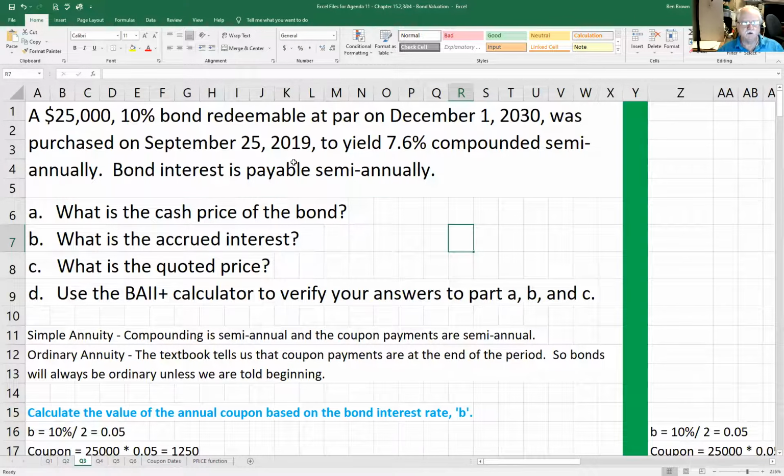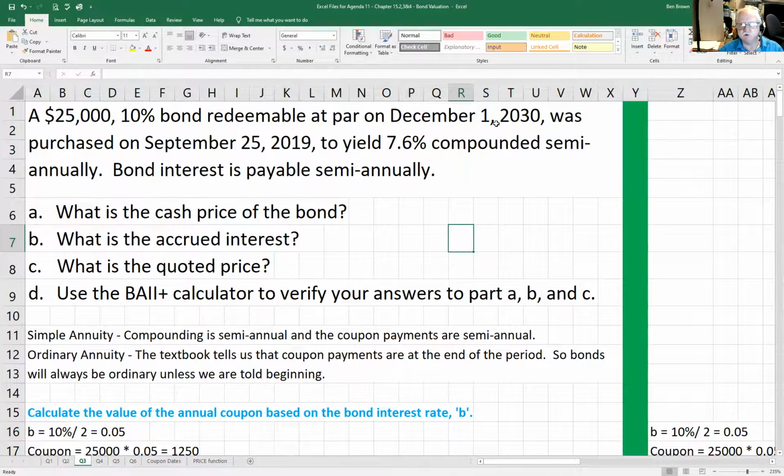Okay, a $25,000 10% bond redeemable at par. That means it's just redeemable for the 25,000.